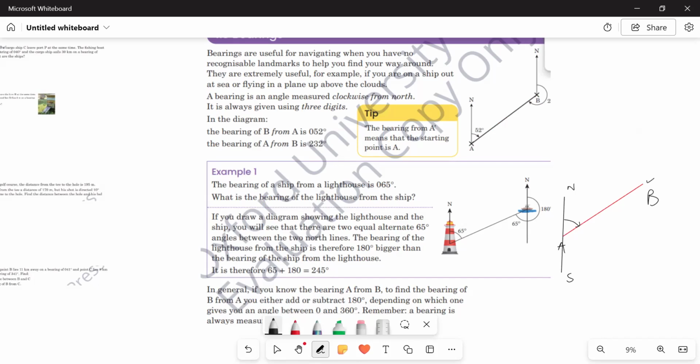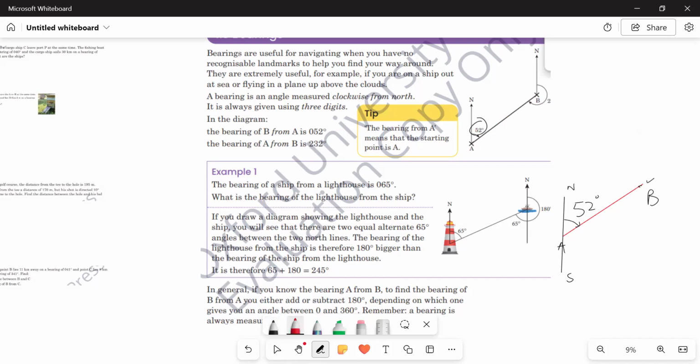If the angle is given, then we can use that angle. But if no angle is given, we use a protractor to find this bearing. But here the angle is given, so we will use this angle, that is 52 bearing. So this is the bearing of point B from point A.